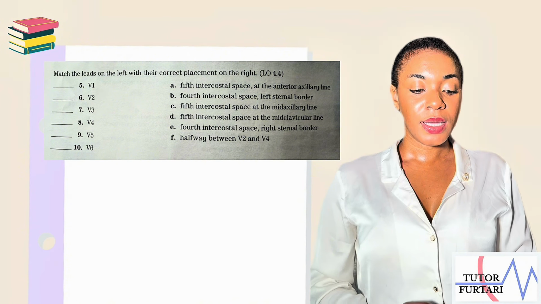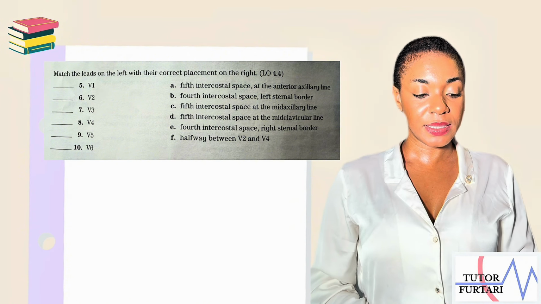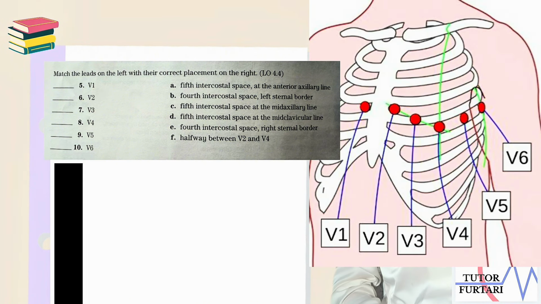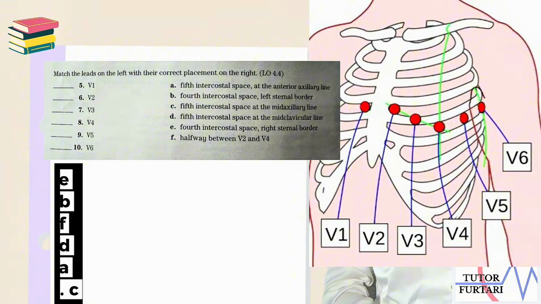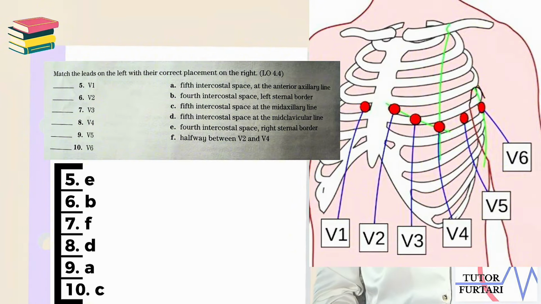Match 2, lead incorrect placement. An error was made during recording, but that doesn't stop us from continuing with our quiz. So this talks about the precordial lead placements. Question 5 through 10, which is V1 through V6. V1's answer is E, fourth intercostal space, right sternal border. V2, number 6, is B, fourth intercostal space, left sternal border.